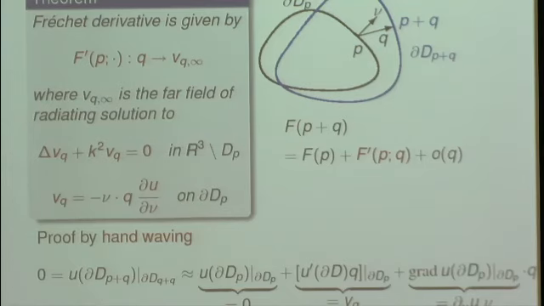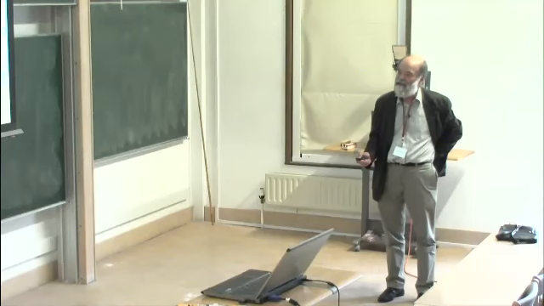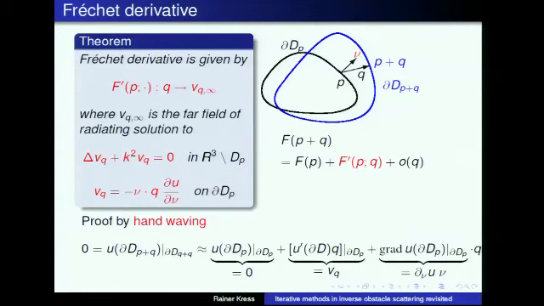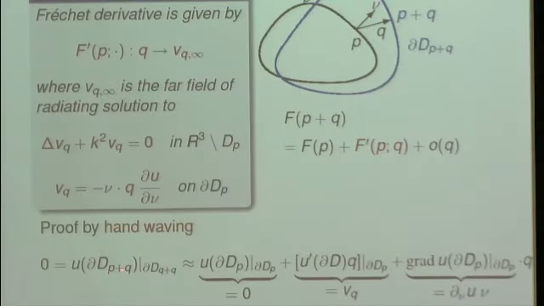There is another little proof actually. It's a proof by hand waving only, namely this is the boundary condition for the total field corresponding to the perturbed domain evaluated on the boundary. This vanishes. And we now do just a Taylor expansion, truncated at the first level. We have the total field for the original domain evaluated on the boundary. But then we see the Q occurs here.